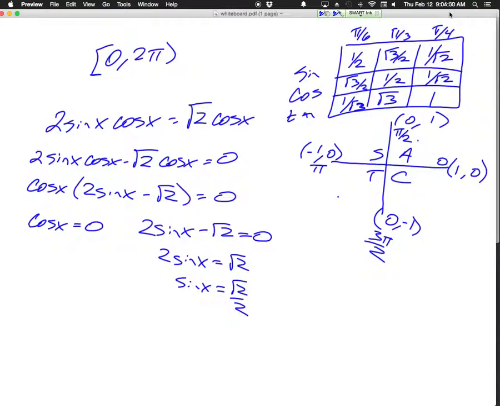All right, so when does cosine equal 0? Pi over 2, 3 pi over 2. When does sine equal radical 2 over 2? Pi over 4. Remember, if I get an answer from the special angles grid, there's got to be 2 of them.